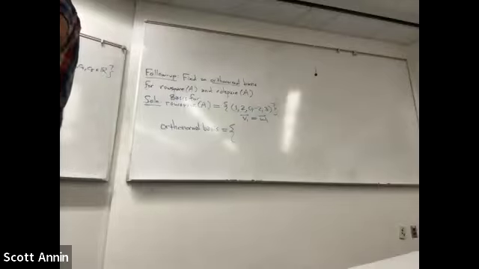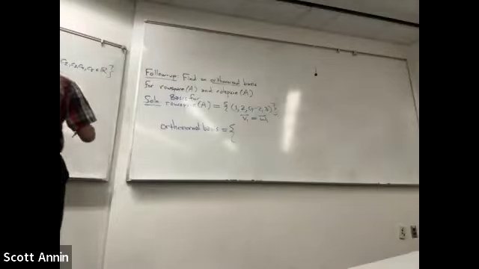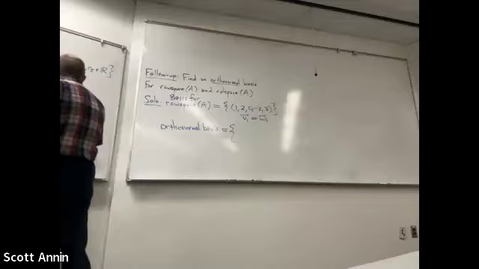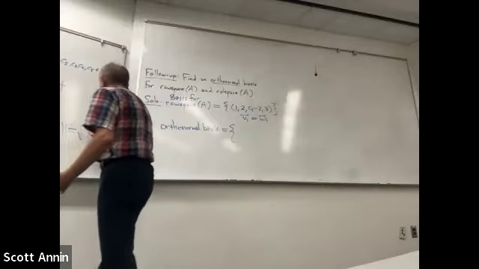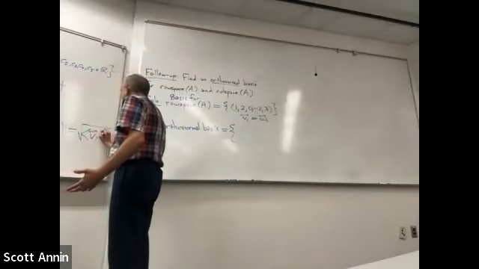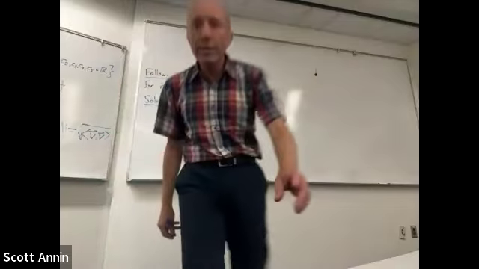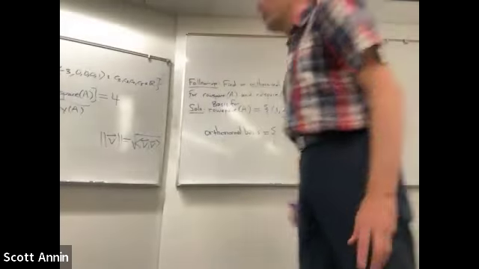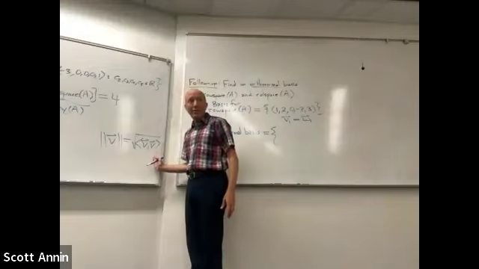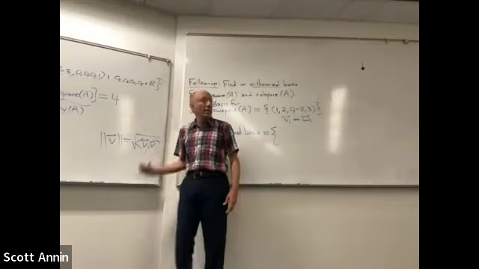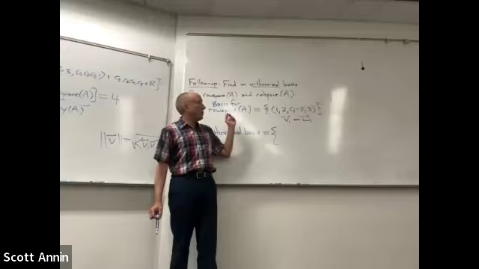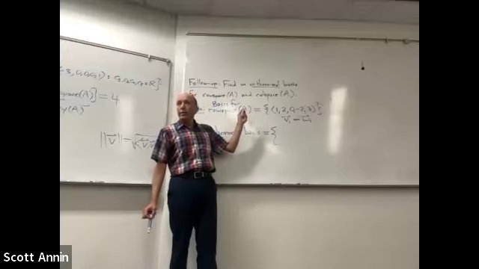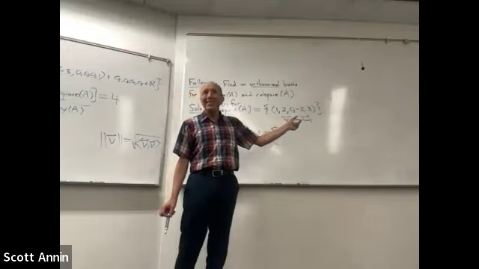Now, just to remind you guys again, the norm of a vector is the square root of the inner product of the vector with itself. That requires you to have an inner product for this formula to make any sense. So I have to ask myself, what is the inner product that I'm supposed to use here?